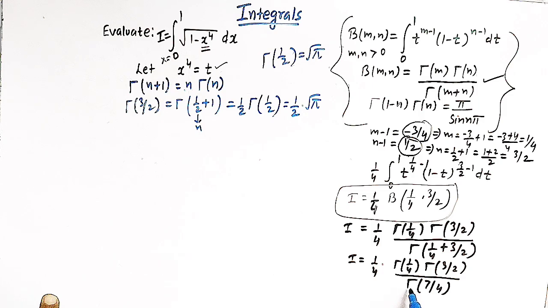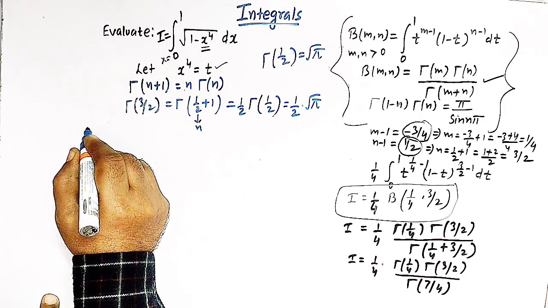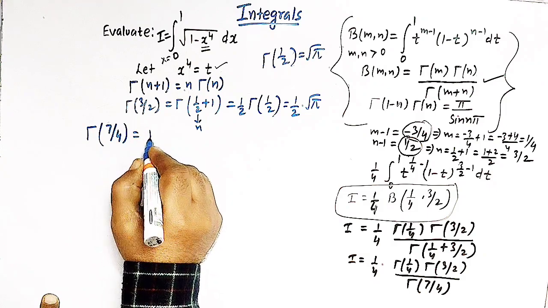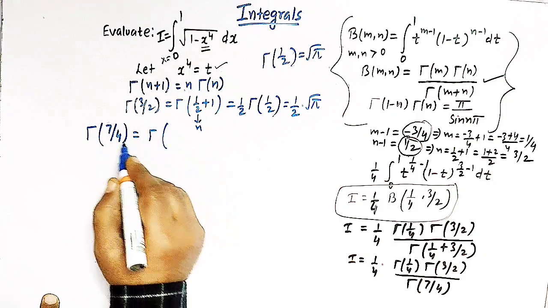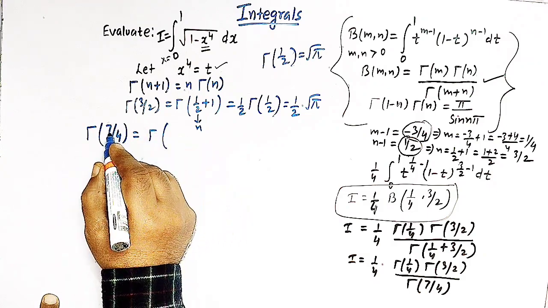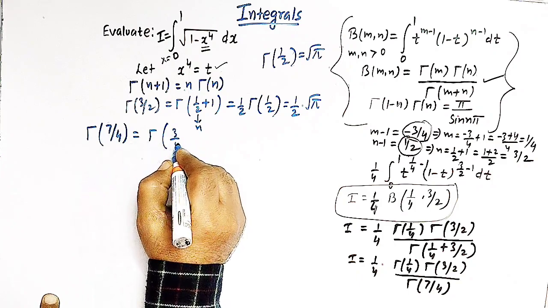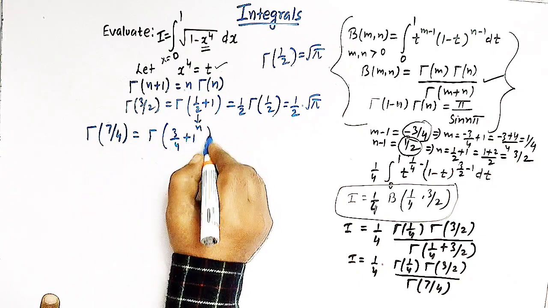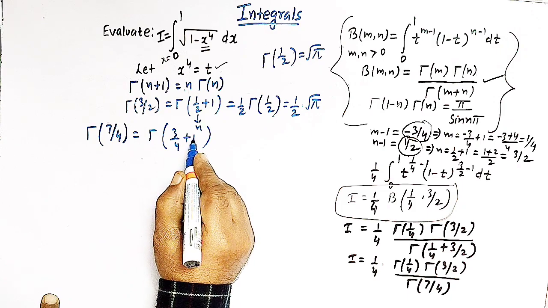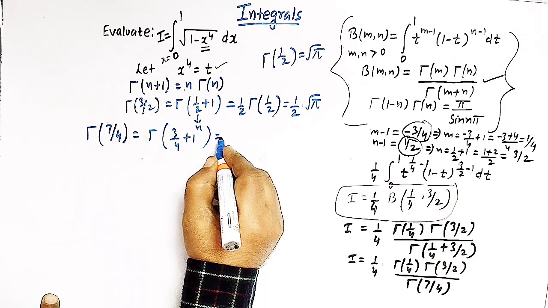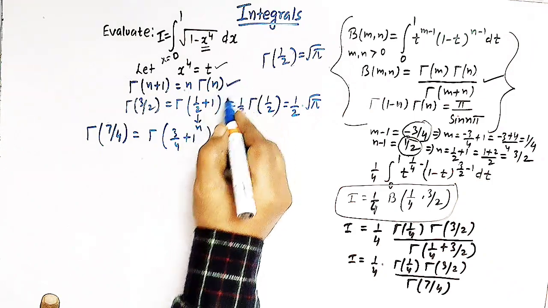Okay, now let us write the value of gamma 7 by 4. So we can now write gamma, and here 7 by 4, we can split this 7 by 4 as 3 by 4 plus 1, because 4 times 1 is 4, 4 plus 3 is 7. So we can again make use of this result.